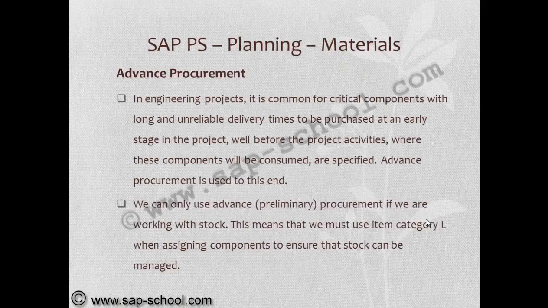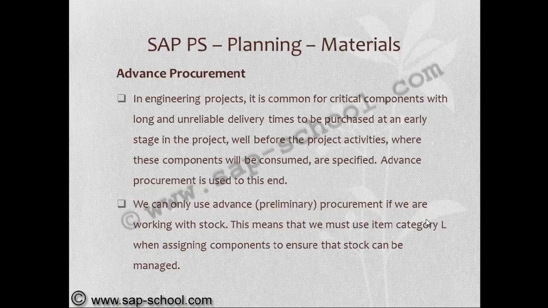Next one is advanced procurement. In engineering projects, it is common for critical components with long and unreliable delivery times to be purchased at an early stage in the project, well before the project activities where these components will be consumed are specified. Advanced procurement is used to this end.